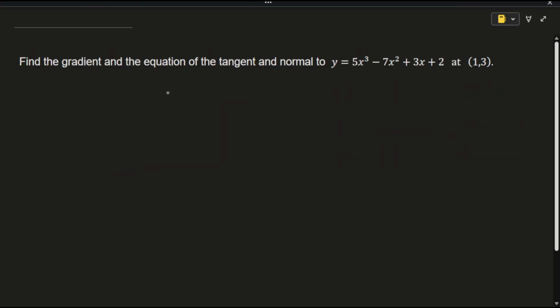So in an exercise, let's find the equation of the tangent and normal to this curve at the point 1, 3. And to do so is first to determine the derivative of this function, also known as the gradient function.